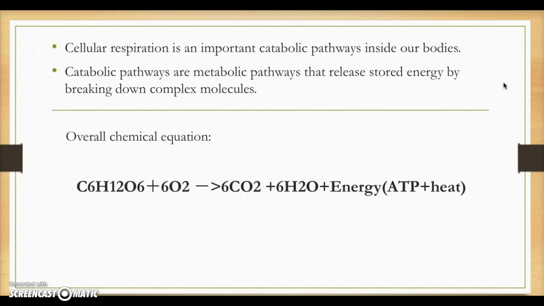So we can summarize the overall chemical reactions of cellular respiration using this chemical equation. 1 glucose plus 6 oxygens equals 6 carbon dioxide and 6 water molecules, and energy in terms of ATP and heat.